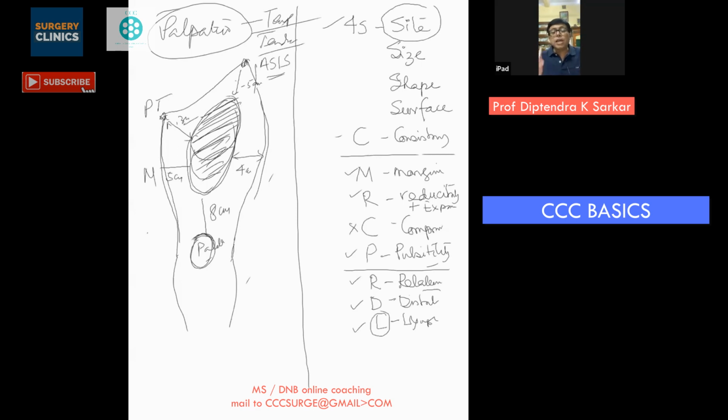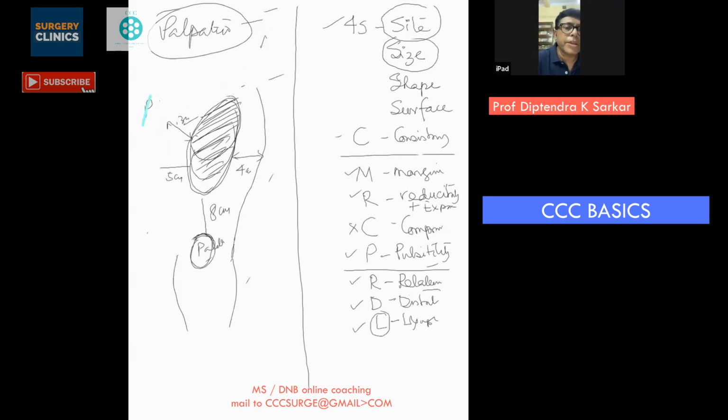Clear? Now, the next thing is the size. Now, this is a very interesting thing. And very often, I have found candidates making mistakes while they are being asked to assess the size of a lesion.